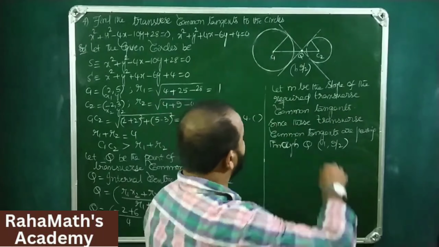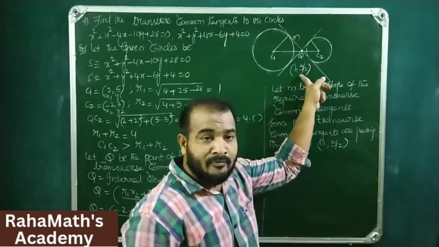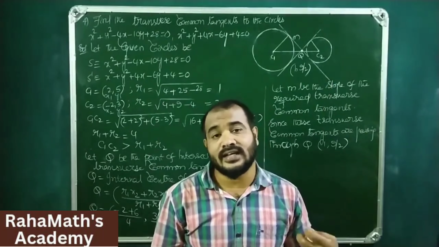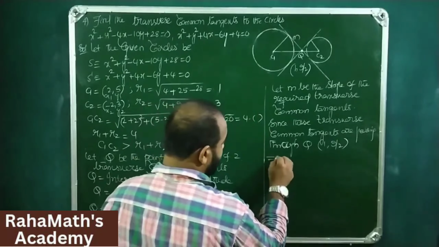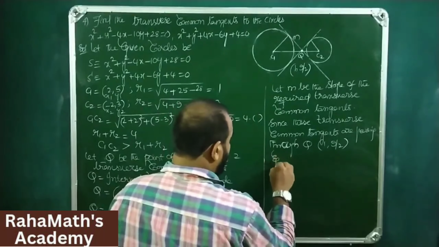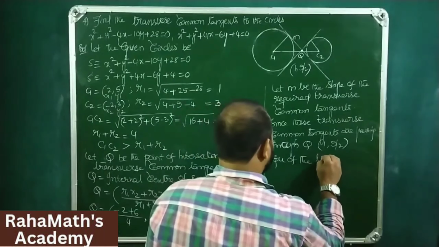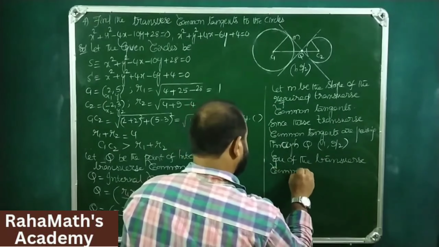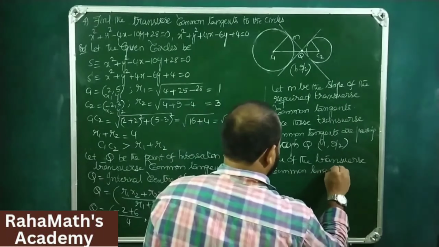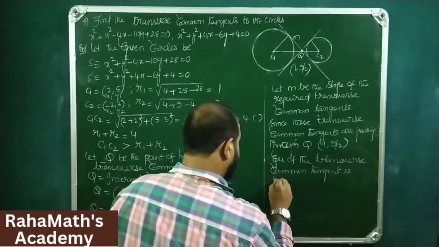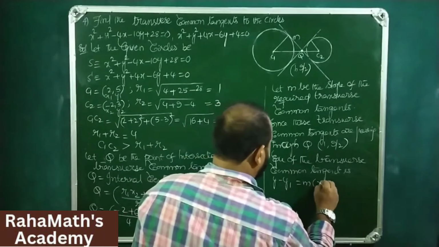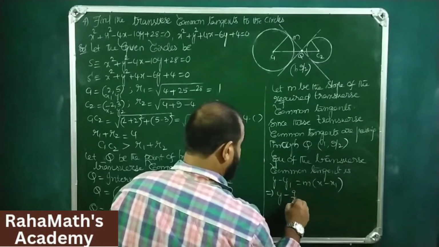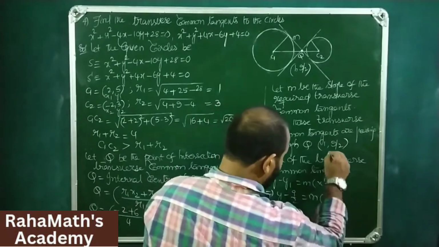Therefore we have the slope M and a point. So what is the equation of a line having slope M and the point x1 y1? The equation of the transverse common tangent is y minus y1 is equal to M into x minus x1. So y minus 9 by 2 is equal to M into x minus 1.